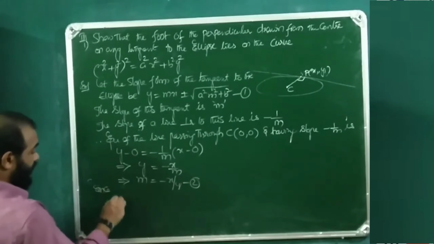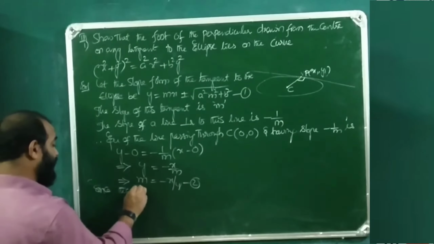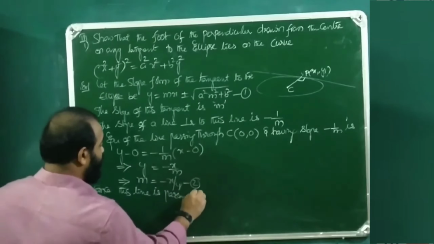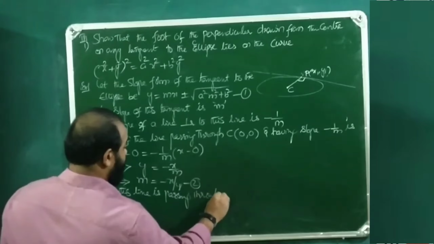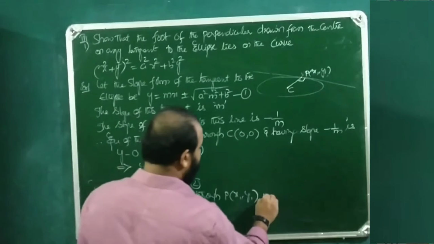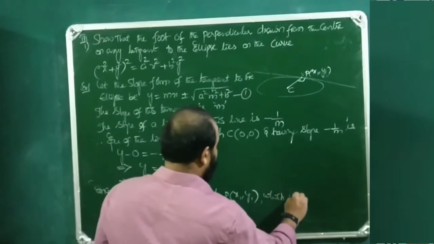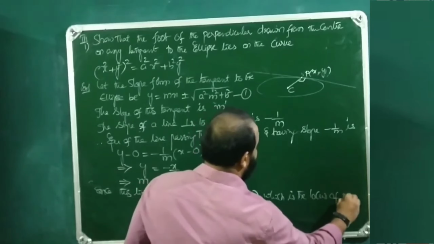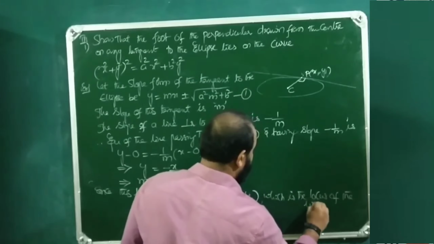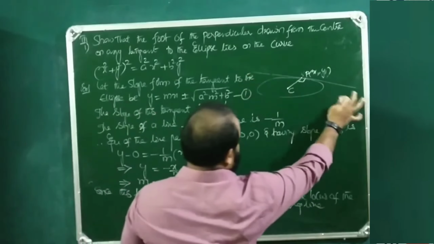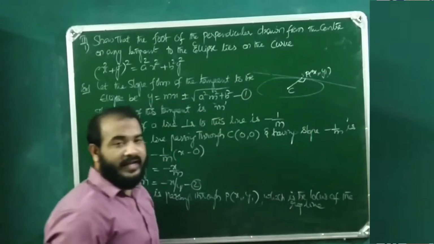Since this line is passing through x1 y1, which is the locus of the line, the required line. This line is passing through P x1 y1.